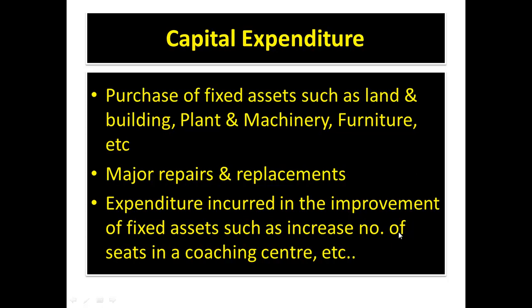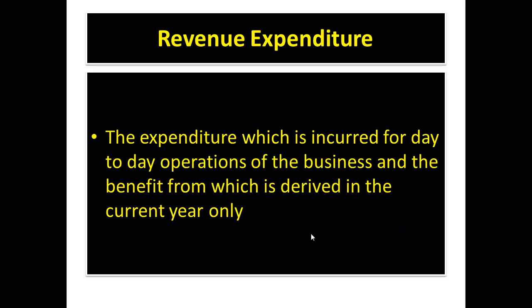For example, increasing the number of seats in a coaching center will be treated as capex because it results in increase in the income. So for capital expenditure, by default, the benefit continues for more than 1 year. It's something which results in acquisition of an asset.